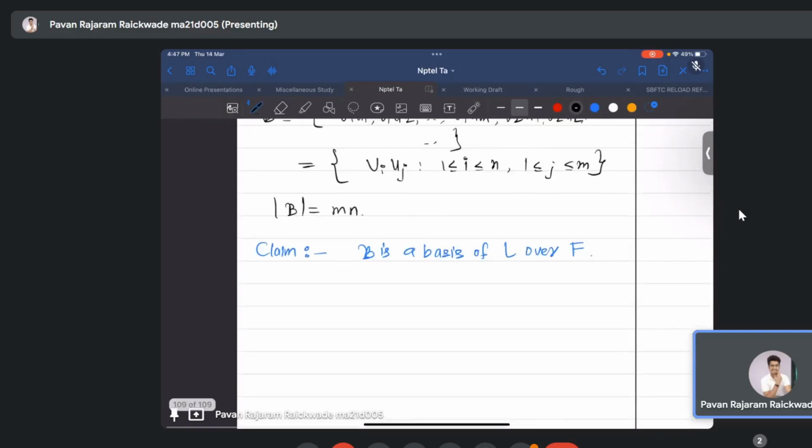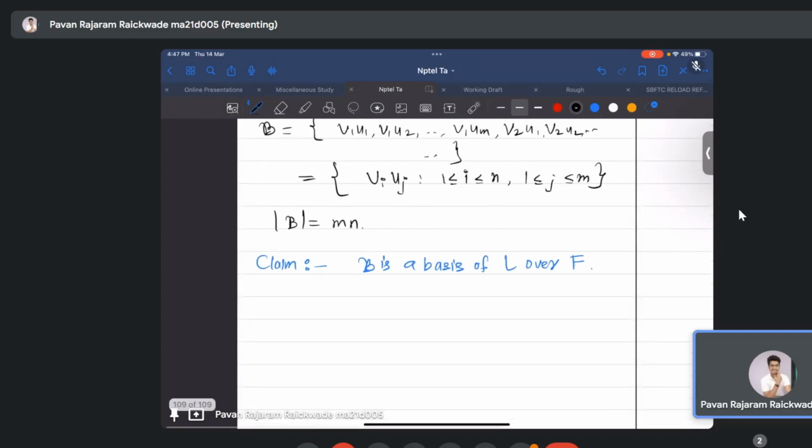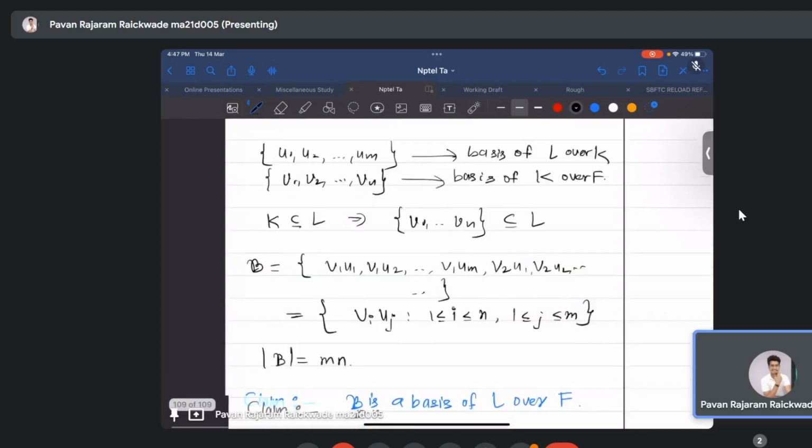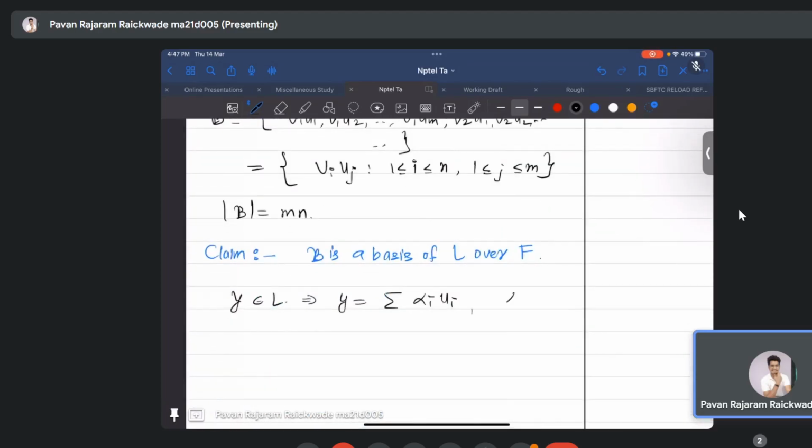Okay, how would we show this? So first of all, let's show it is a spanning set and then we'll show that it is independent. So take any element, let's say y belongs to L, which implies y can be written as a summation of some alpha i's times ui, where ui was a basis of L over K, and these alpha i's belong to K, with i going from 1 through m, right.